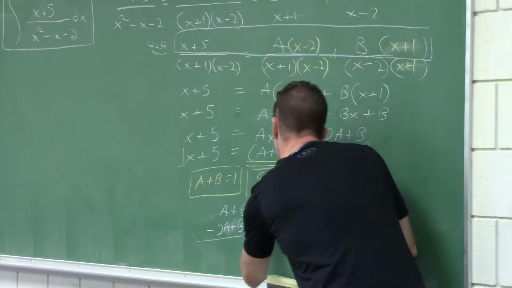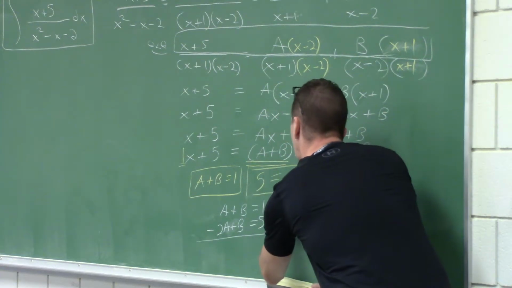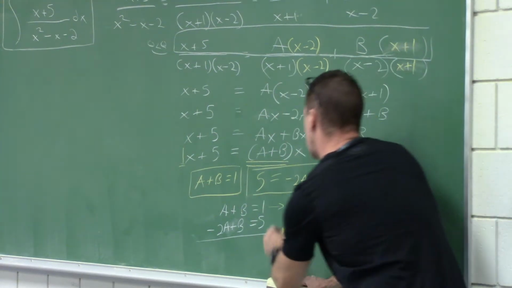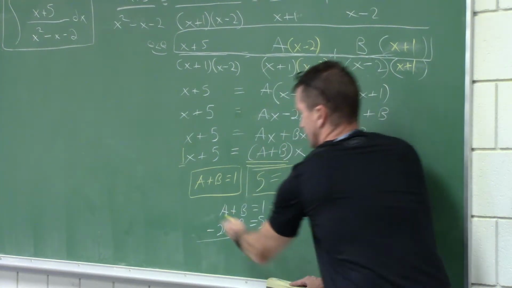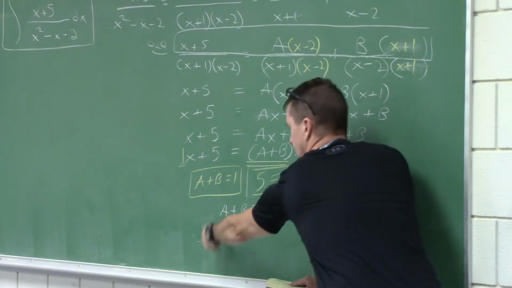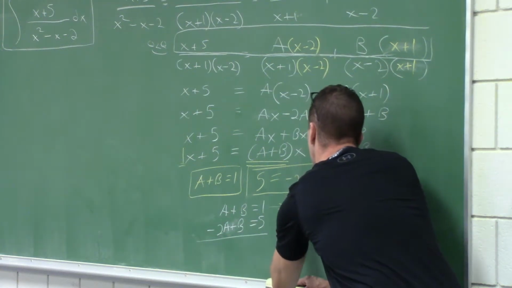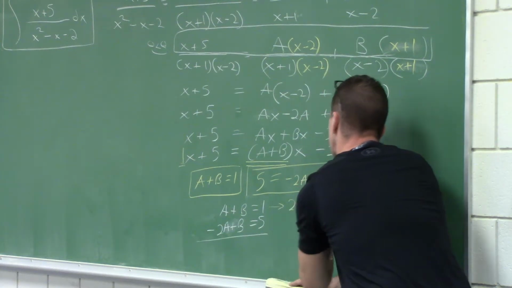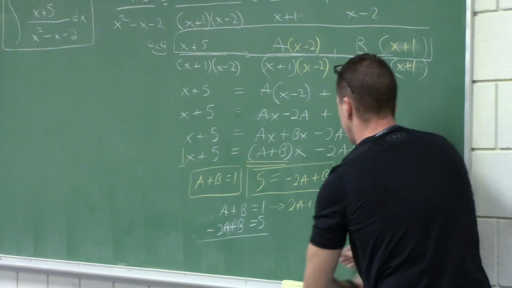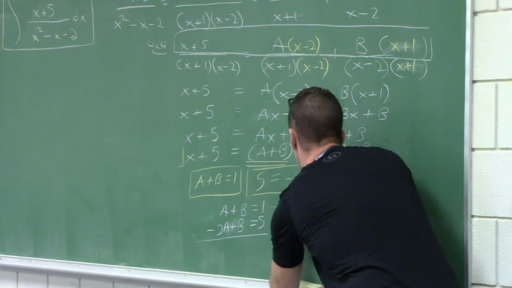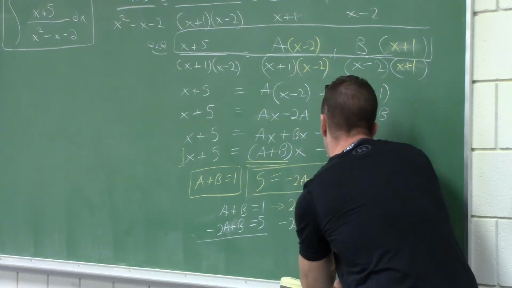We're going to multiply the top by a positive 2 so that the a's cancel. We're trying to eliminate the a's. I get 2a plus 2b equals 2, you have to multiply the 1 too, and underneath it, negative 2a plus b equals 5.